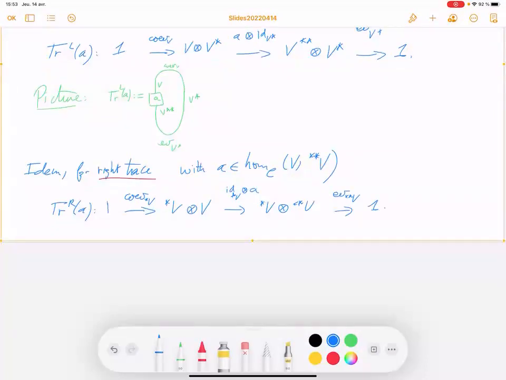And so you have the same analogous picture as follows. You have A, so trace right of A equals. You have the morphism A between V and double right dual of V. And now you go the other way.